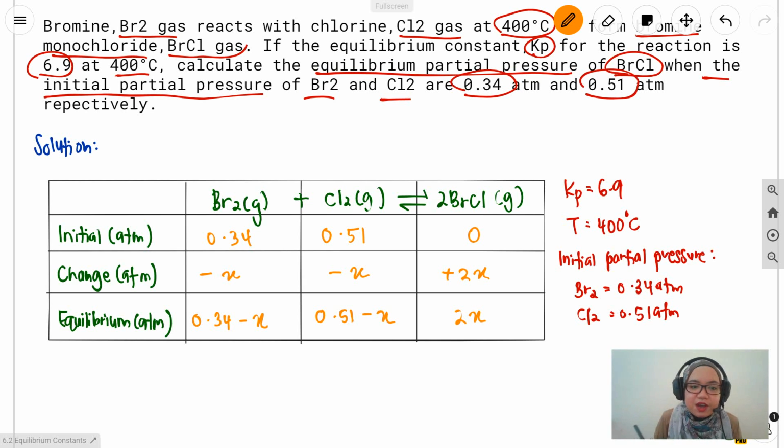Okay, so you have done the ICE table. So the next step, the third step I think, is you need to use the Kp ni kan to find the x. Tadi we used Kc to find the x, now we use Kp to find the x.